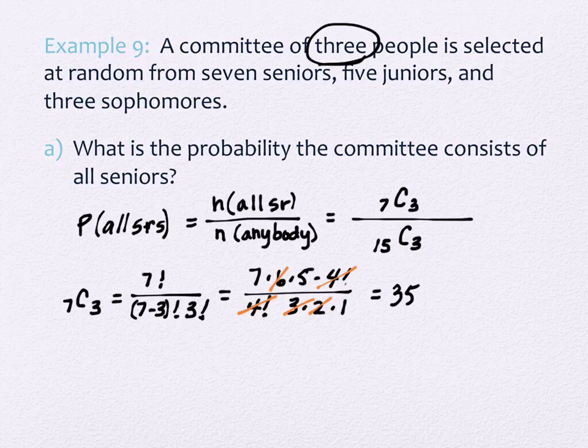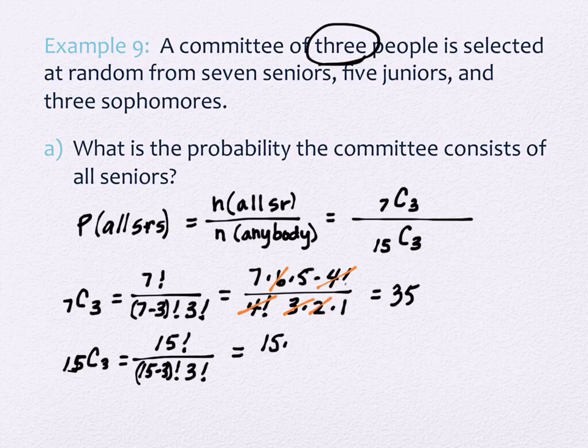All right, now let's do 15C3. So 15 factorial on top over 15 minus 3. That's a larger number. And then 3 factorial. So what's 15 minus 3? 12.